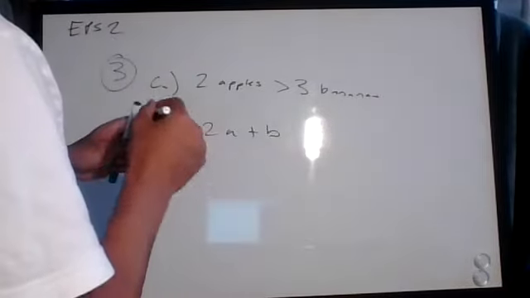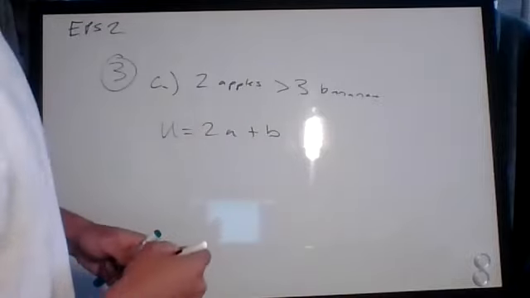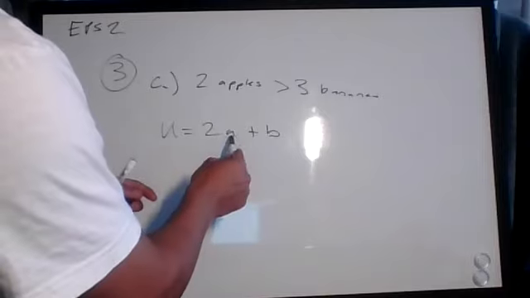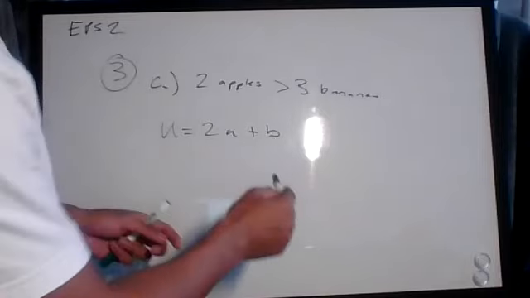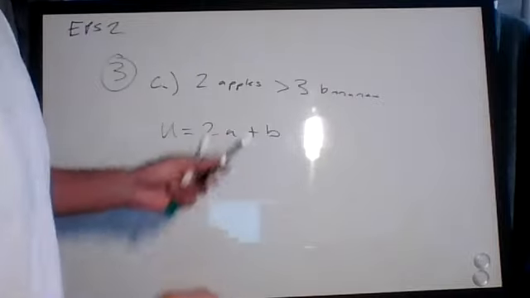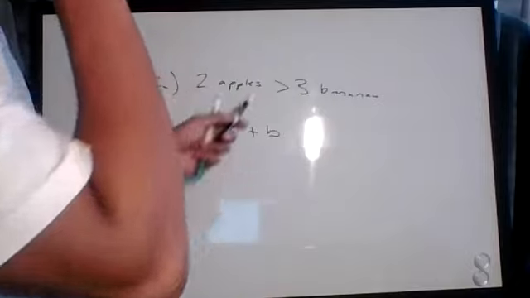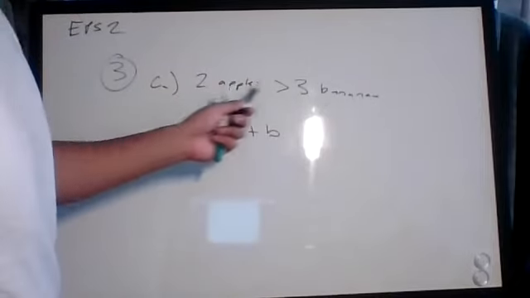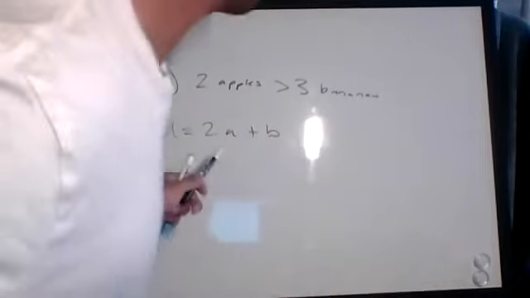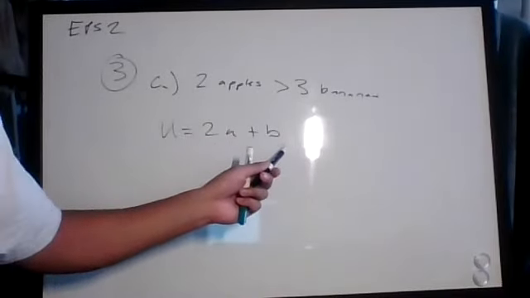Essentially what this utility function says is that apples I view as being twice as good as bananas in terms of how much utility they bring me. If there's no price indication about how much each of these fruits are, you're either given 2 apples or you're given 3 bananas. You're going to be able to plug these numbers into our variables.